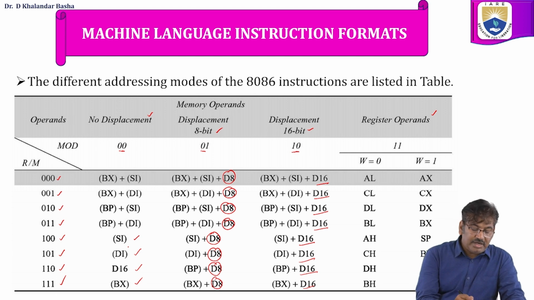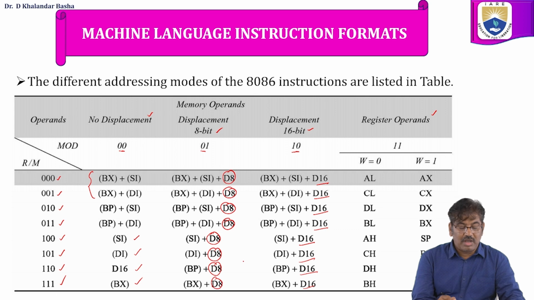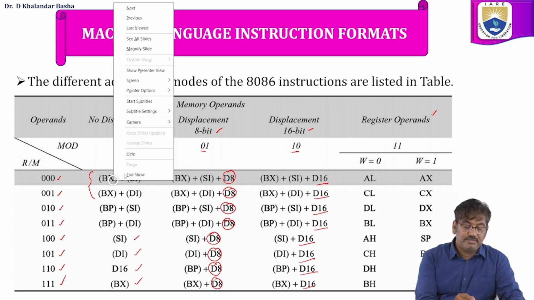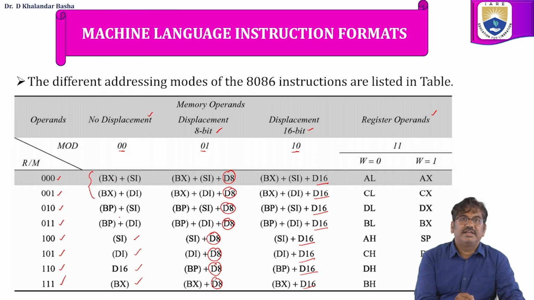And here if you observe, of these two, one is a base register and the second one is an index register. These are base index addressing modes, whereas these two correspond to indexed addressing mode, whereas the last one indicates register indirect addressing mode.